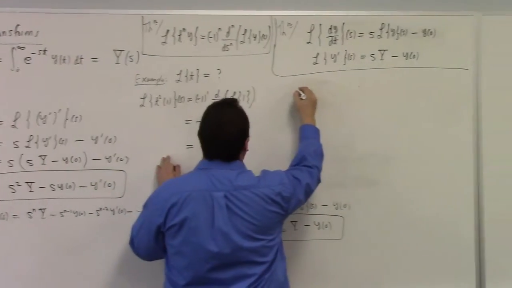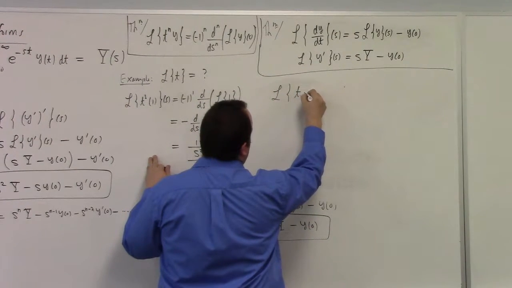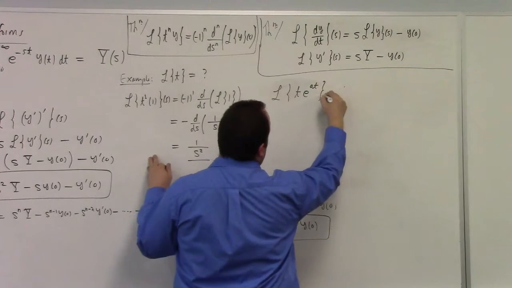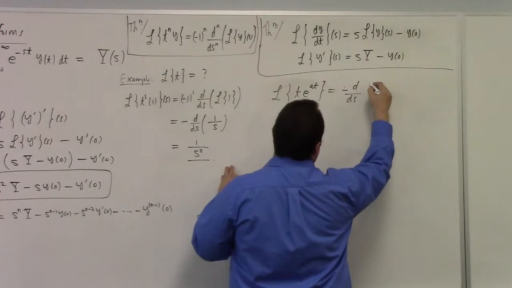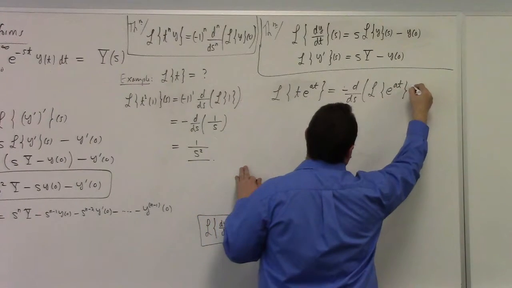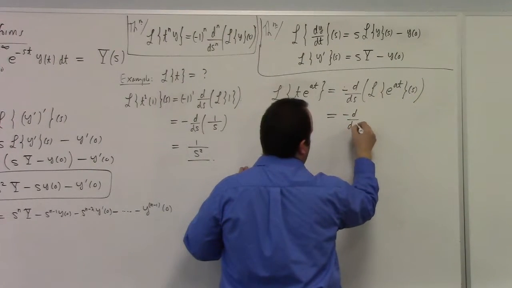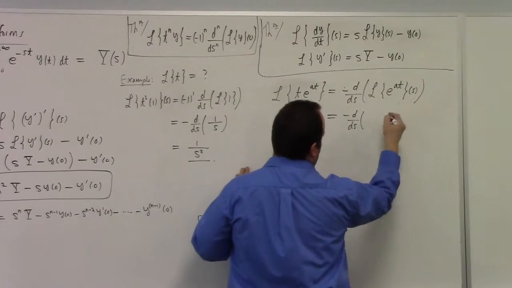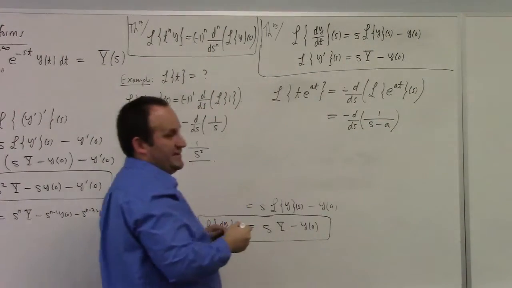So here, while we're waiting for the board to dry, what's the Laplace transform of t e to the at? It's going to be minus d/ds times the Laplace transform of e to the at. So that's minus d/ds of 1 over s minus a, right? Prove that first thing today.